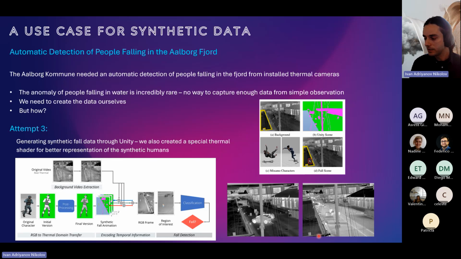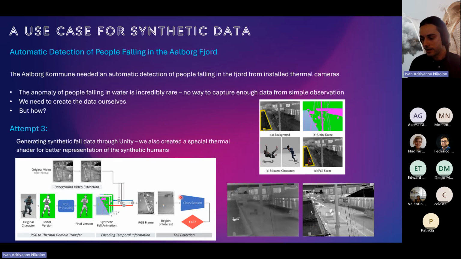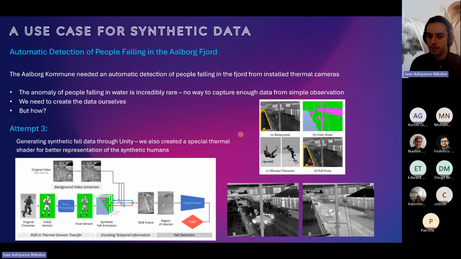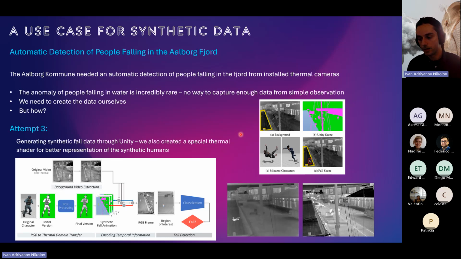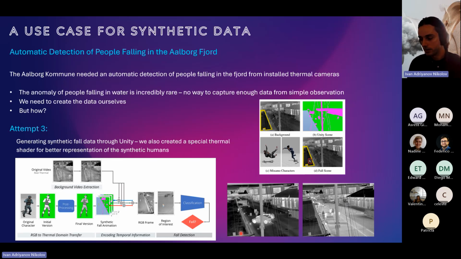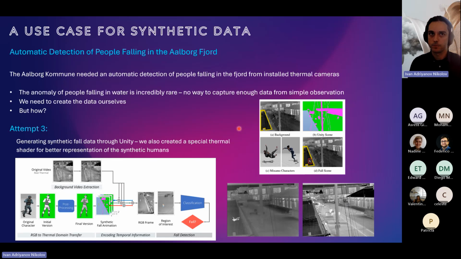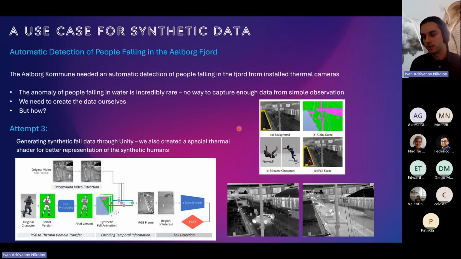And we saw that even with very simple examples, as we can see here, of dummies that fall in different positions, we could train a classifier that can say if a person is falling or not in the water with an accuracy of around 94 to 95%.